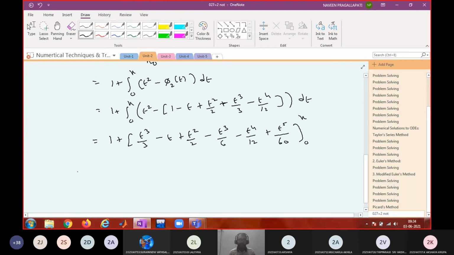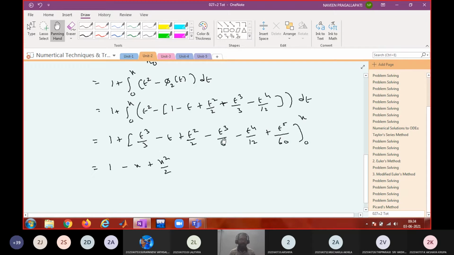Okay, so now this has to be 1 minus x plus x square by 2. What is the simplification of these two? t cube by 3 minus t cube by 6 is t cube by 6.